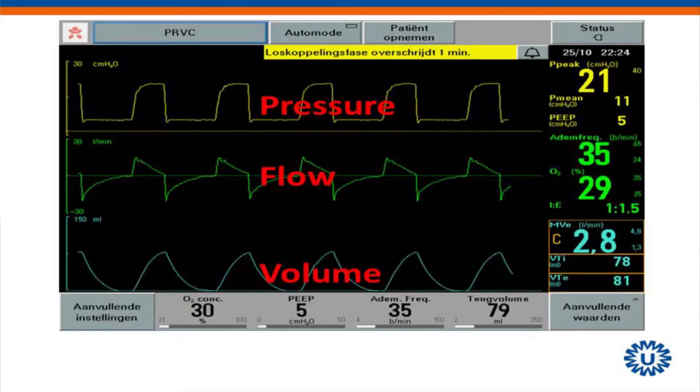Let's look at the 3 waveforms which are available on most machines. We can see on the top a pressure waveform, in the middle the flow waveform, and below a volume waveform. Whoever isn't speaking Dutch can recognize what kind of ventilation this is.